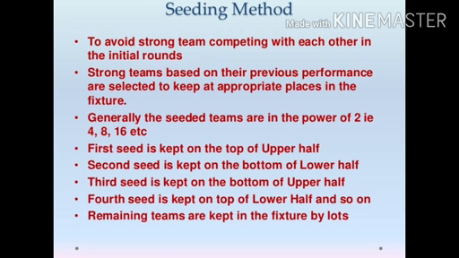This is called seeding, and I will give the seeding definition afterwards. But now, last year's first position team will be on 11th position, second position team on first position, third position team on 7, and fourth position on 6.